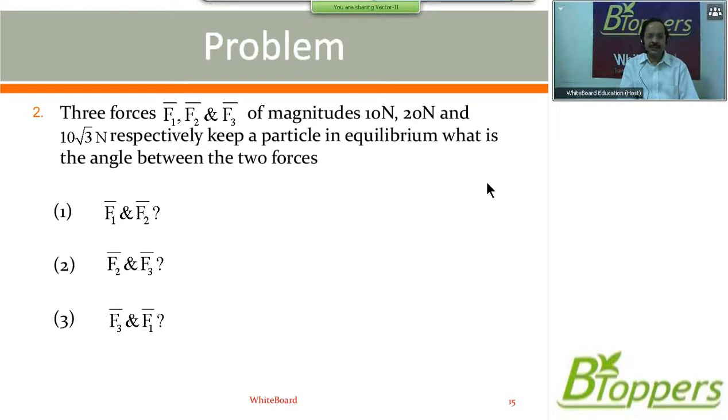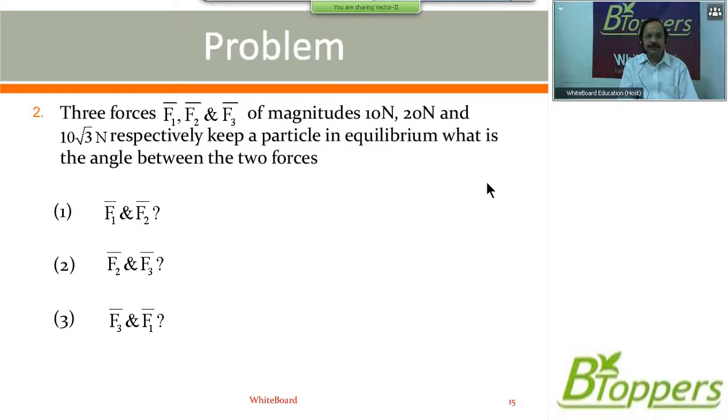So in general, if the resultant of three non-parallel forces becomes 0, then the three forces can be graphically represented along the three sides of the triangle, all taken in the same order, means head of one vector attached to the tail of the other vector. That means you can draw the three forces along the three sides of a triangle such that head of one force is attached to tail of the other force.